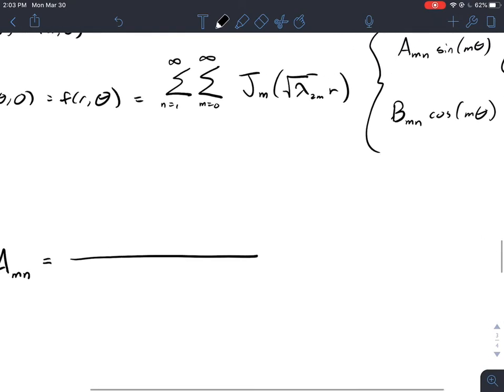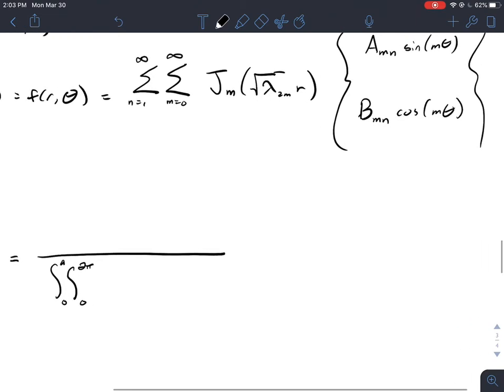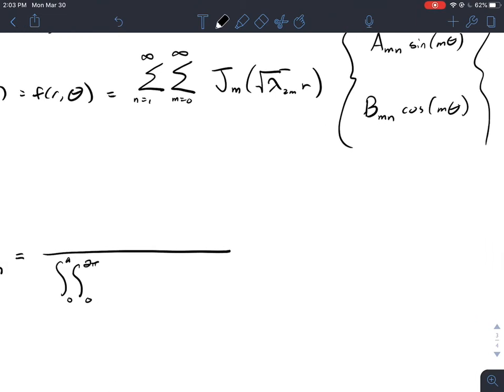Notice that we're going to have to take the integral with respect to theta and r. So in theta, we're going from 0 to 2 pi, or you could also do negative pi to pi. Just make sure you get the full circle. And then 0 to a, so the full length of the circle. And we're going to have to do orthogonality against the Bessel function.